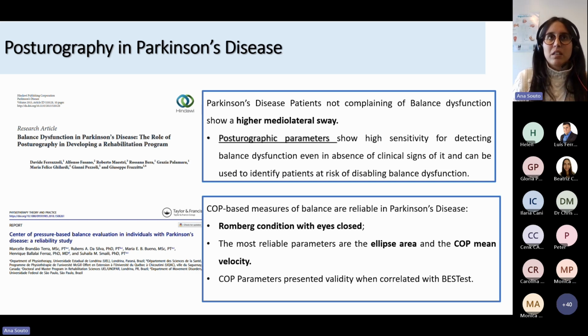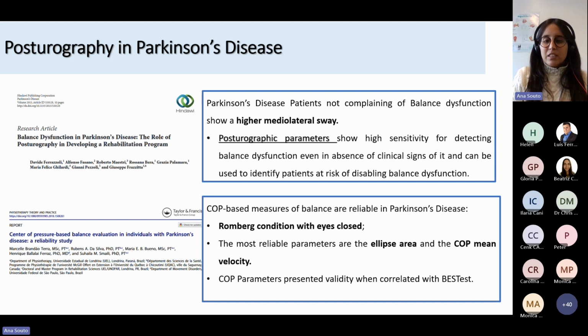So we have the COP displacement, the ellipse area, and the COP mean velocity, so the sway velocity. These 3 parameters are the most important for clinical assessment. And even in research, you find them a lot.